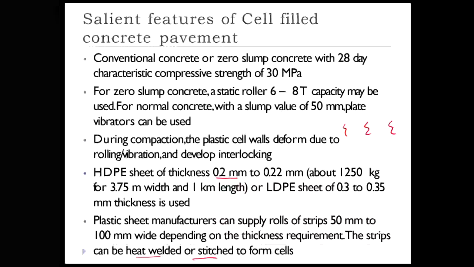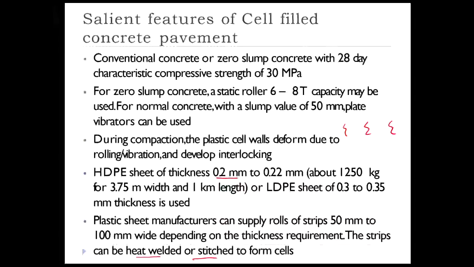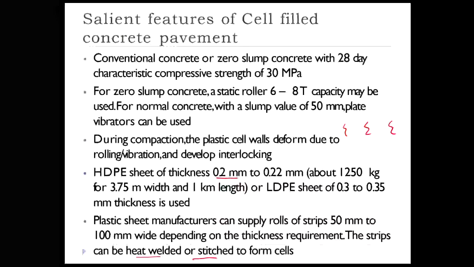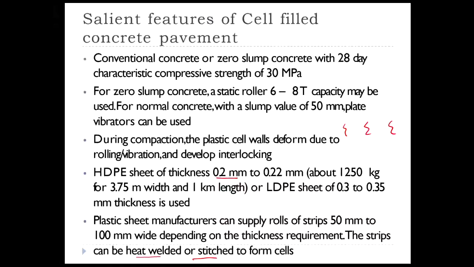There are manufacturers available in Bangalore, in Kolkata, and elsewhere, which provide these self-fill concrete plastic sheets. You can get these strips according to your thicknesses, as well as the width and length as per your requirement. You can get these plastic sheets in the form of rolls.